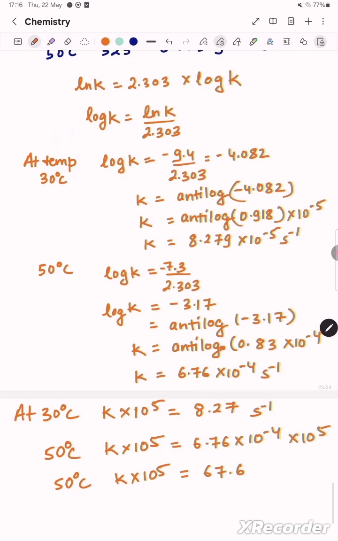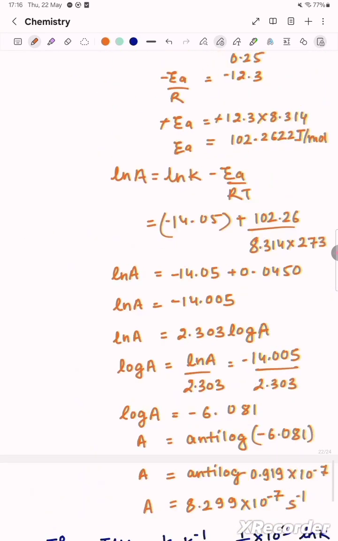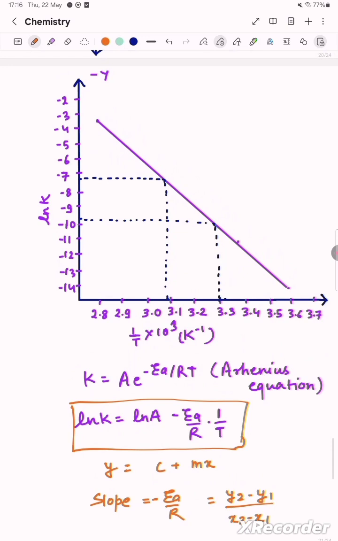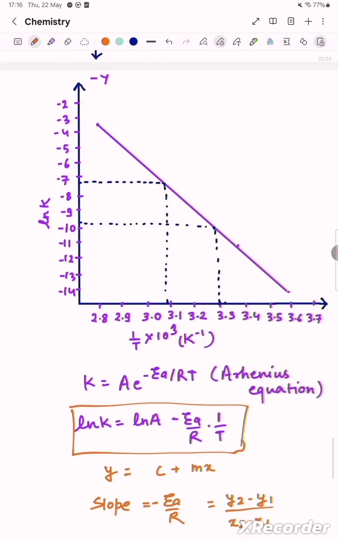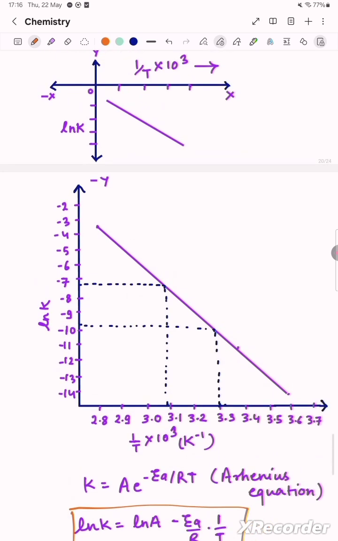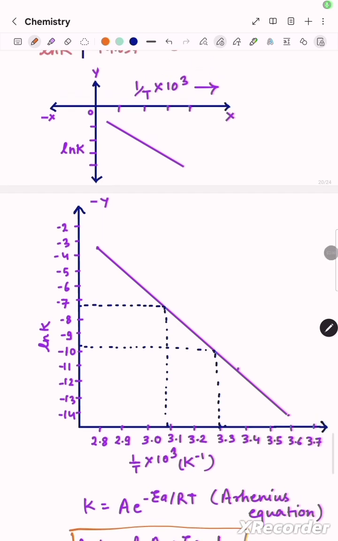And what about the graph? Here the graph is in the negative form, and if we invert this in the form of this, then also a straight line is found.